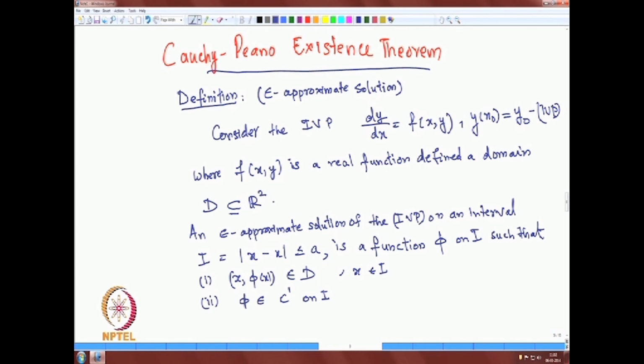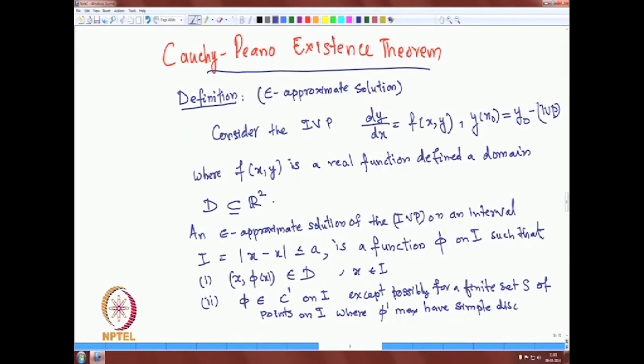Phi has a continuous first derivative except possibly for a finite set, call it S, of points on I, where the derivative phi prime may have a finite discontinuity or simple discontinuity.